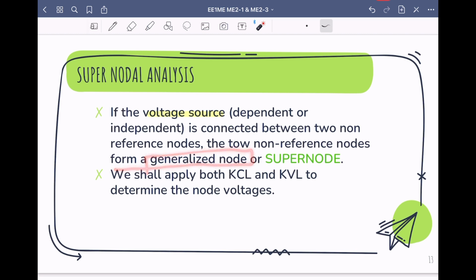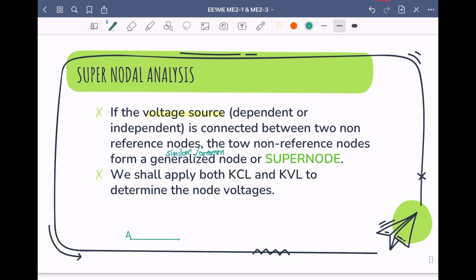And we know when you say generalized node, you have two nodes which are connected by a short circuit, di ba? Wherein doon papasok yung natutunan natin that if you have a generalized node, that generalized term may also be known as similar. So previously, when we learned about short circuits, you know that similar node or common node, okay, you know that nodes are common or similar if in between two nodes walang nakalagay na element kundi wire lamang, di ba?